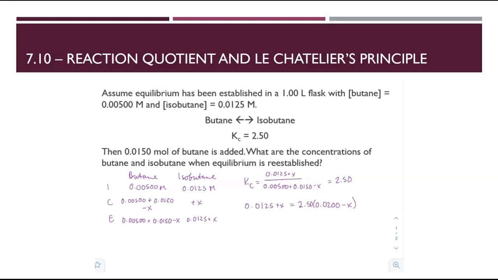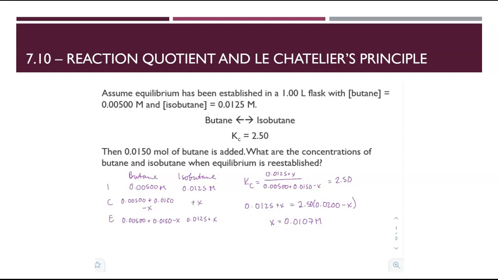I'll keep my significant figures. So then when you move everything, isolate X onto one side, you end up with X equals 0.0107 molar. You can then take this X value and we're going to plug it back into our equilibrium concentration.